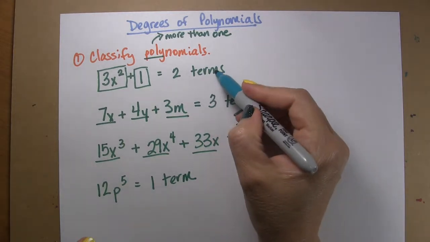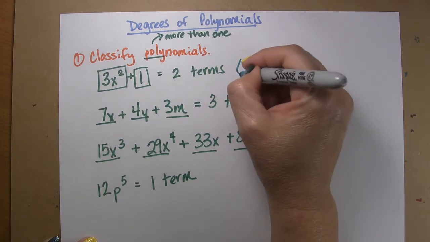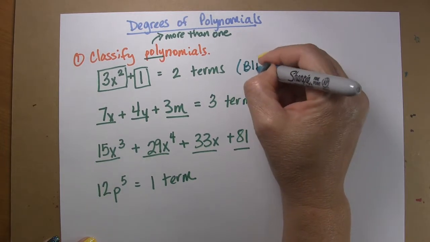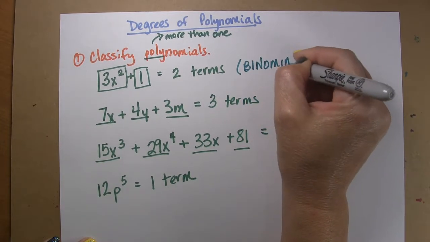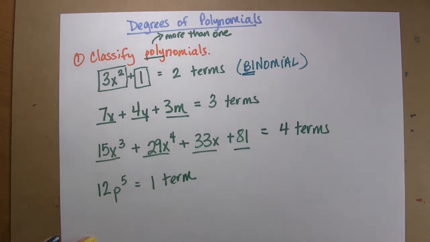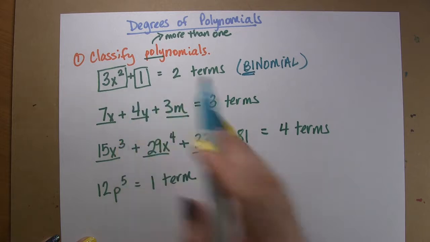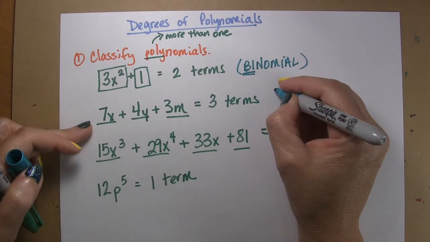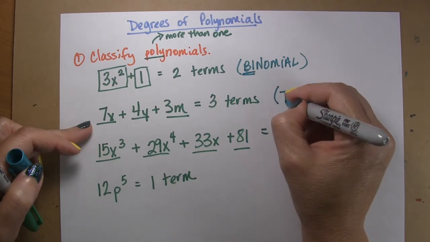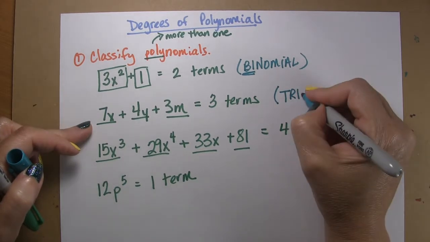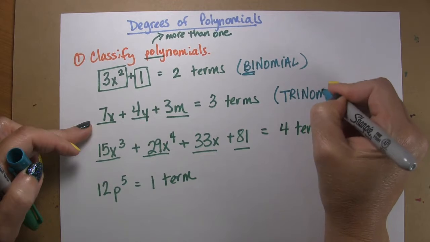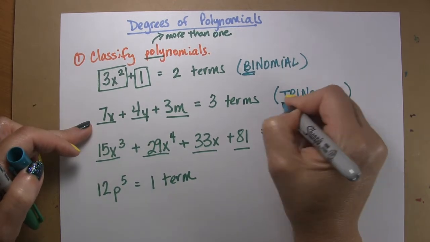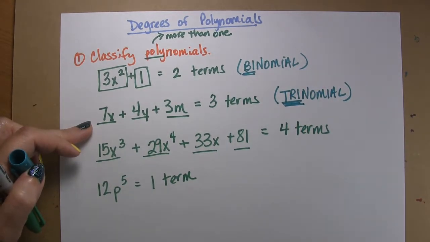A 2-term polynomial is more precisely known as a binomial. Just like your bicycle has 2 wheels, a binomial has 2 terms. A 3-term polynomial could more precisely be called a trinomial. Again, a tricycle has 3 wheels.